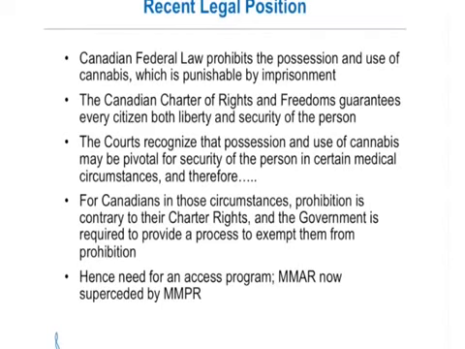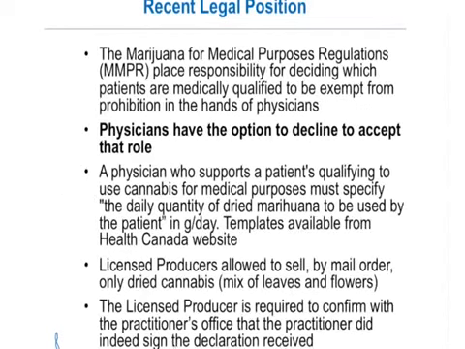So there has been an access program, the MMAR, Medical Marijuana Access Regulations, and now we've got the MMPR, which is more the prescribing of medicinal marijuana. And I'm going to tell you a little bit about the legal route, the Marijuana for Medical Purposes Regulations.